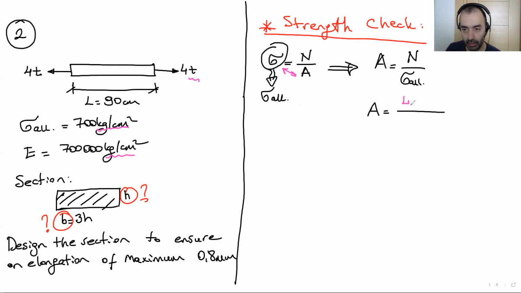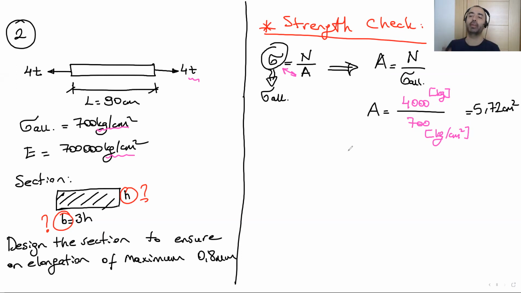Here N is 4 ton, which is 4,000 kilogram. This is in kilogram. The allowable stress here is this. Now if I calculate an area from here, this is 5.72 centimeters square. This is required for strength.